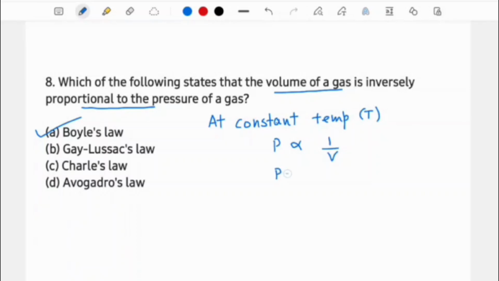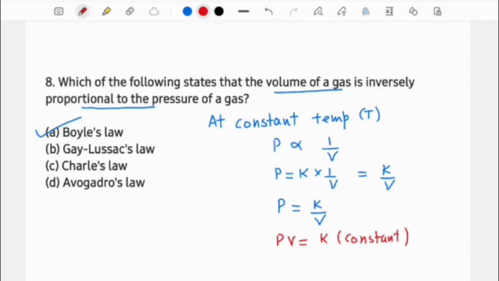And if we try to solve it, with proportionality constant K, P is equal to K into 1 upon V, which is equal to K upon V. So P is equal to K by V, or if we multiply it, pressure into volume will be equal to K, which represents a constant. Alright, that is at constant temperature the pressure and volume of a gas are inversely related to each other or inversely proportional to each other. Therefore option A is the correct option.